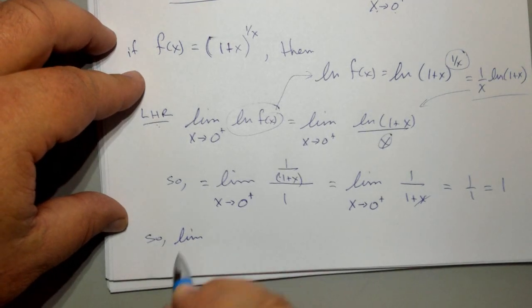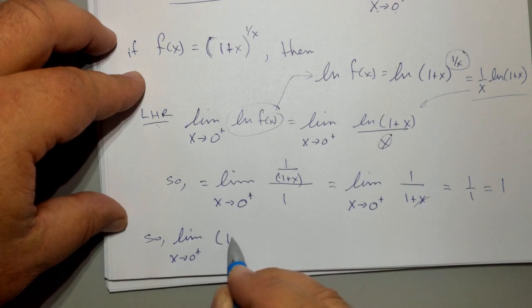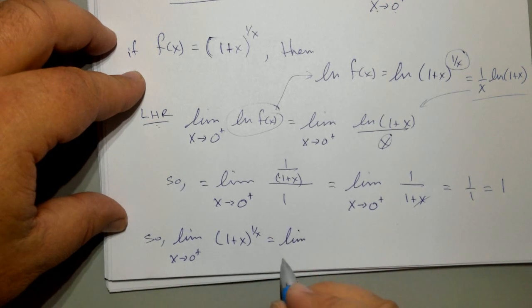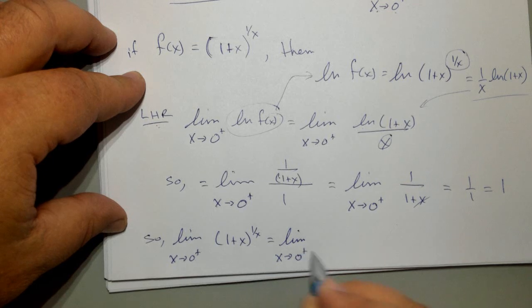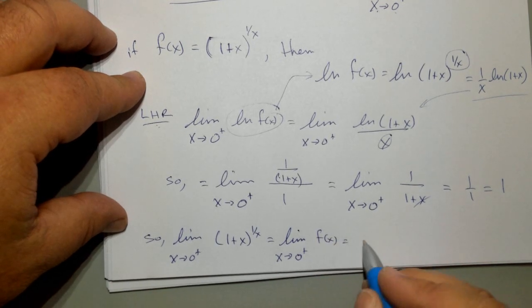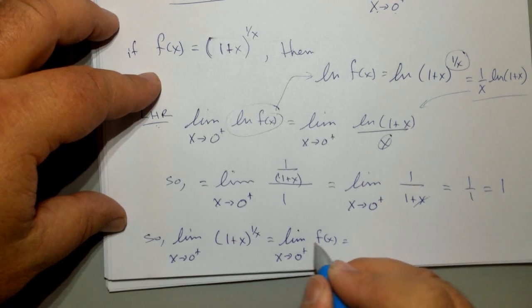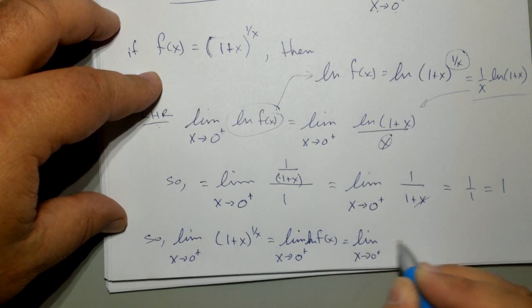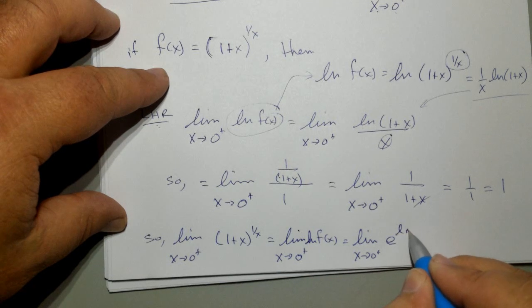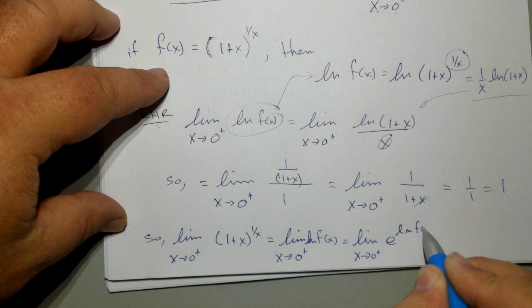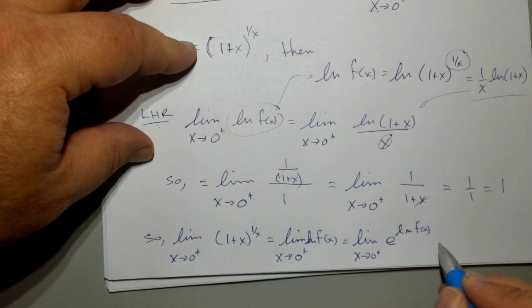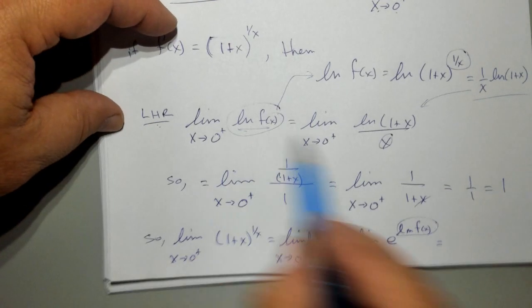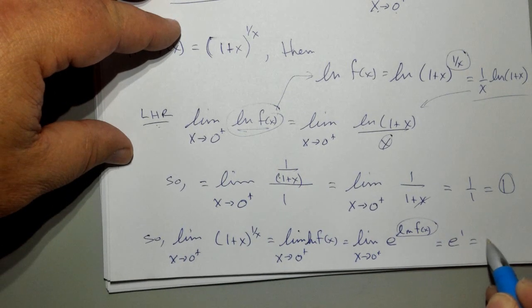So the limit as x approaches 0 from the right of our original function is equal to the limit as x approaches 0 from the right of f of x, which means now we can take ln of that, limit as x approaches 0, e to the ln of f of x. ln of f of x is all of this, and that equals 1. So e to the power 1 is e.